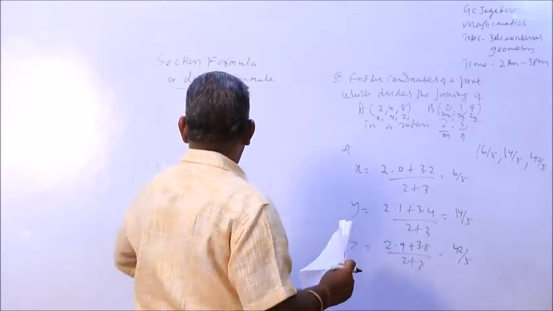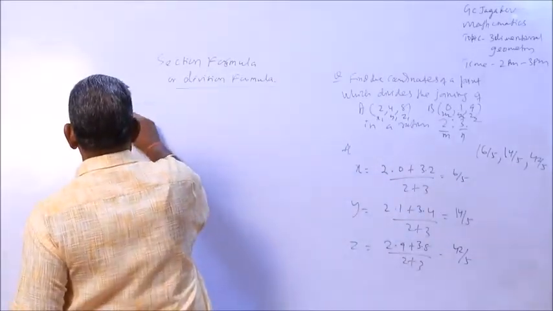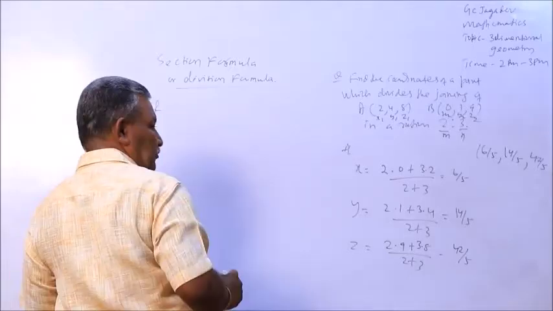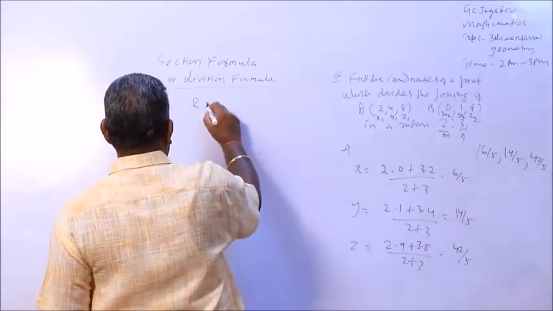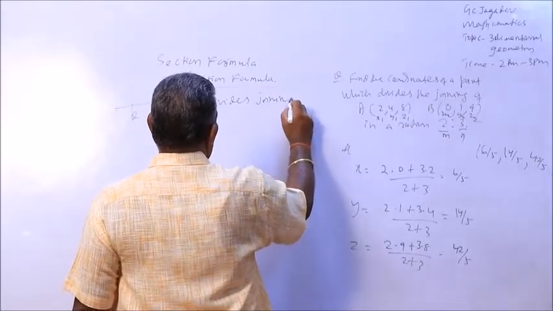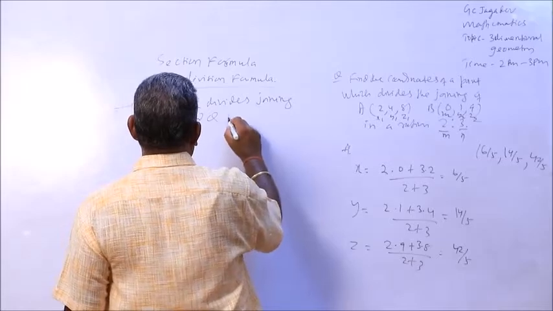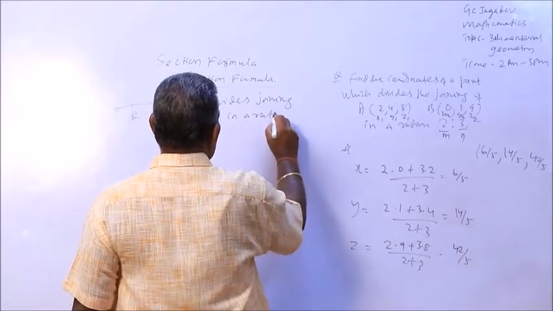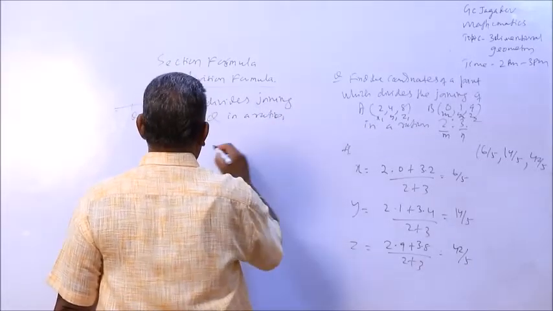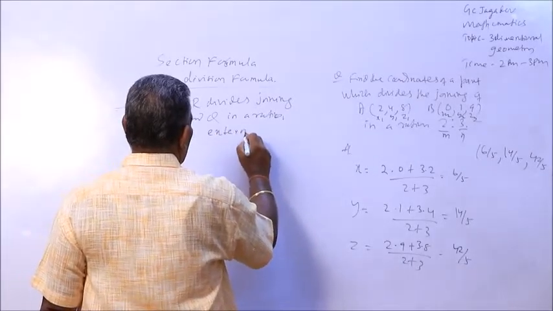Suppose R lies outside PQ, that means R divides the joining of P and Q in a ratio m is to n externally.